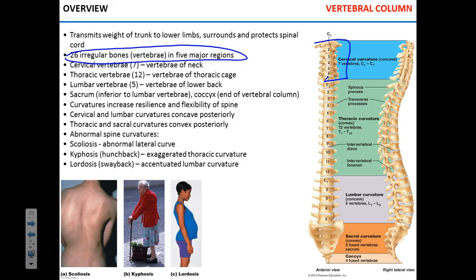12 bones in the thoracic. From here to here. 5 in the lumbar. 1, 2, 3, 4, 5. 5 fused in the sacrum.